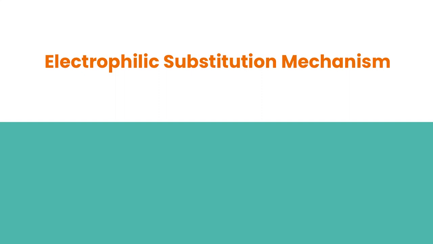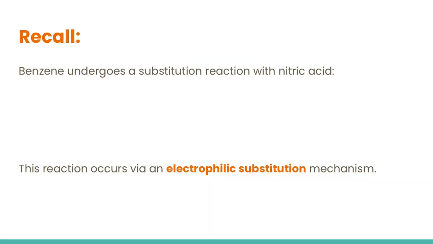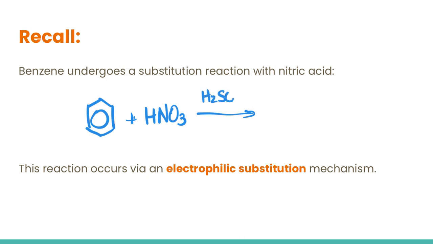In this video, we're going to go over the electrophilic substitution mechanism that happens. So if we recall, benzene will undergo a substitution reaction with nitric acid. So the reaction here is our benzene ring, and that is going to react with nitric acid, and that's going to happen with a catalyst of sulfuric acid.